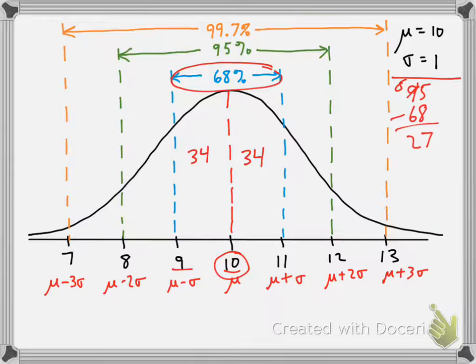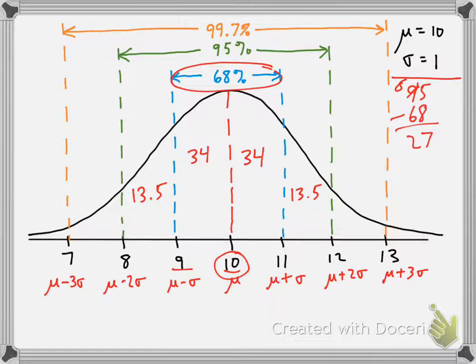So we have 27% of the data has to be shared between those two sections. So we have to split that in two. And if you divide 27 by 2, you get 13.5. So 13.5 is the percentage of the data that's in between 11 and 12, and then it's also in between 8 and 9, but more generally, 13.5% of the data is contained between 1 and 2 standard deviations of the mean.